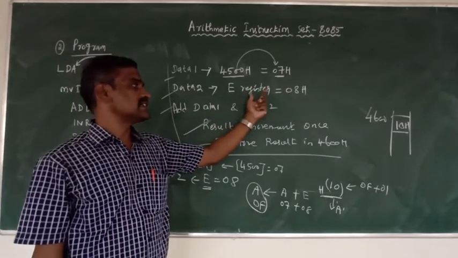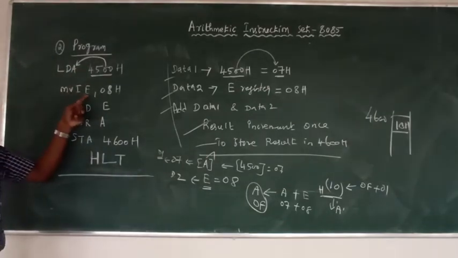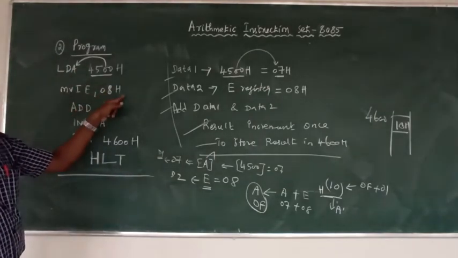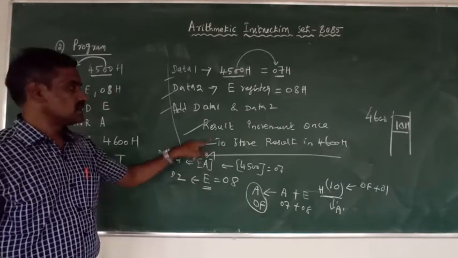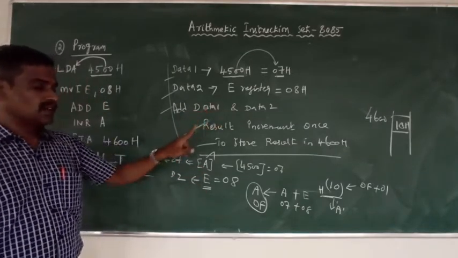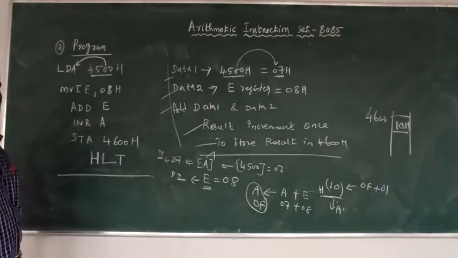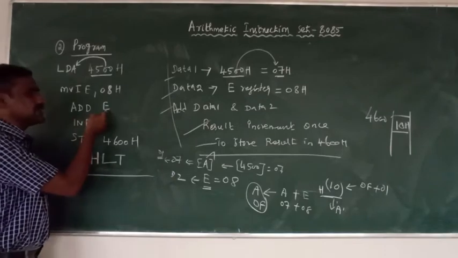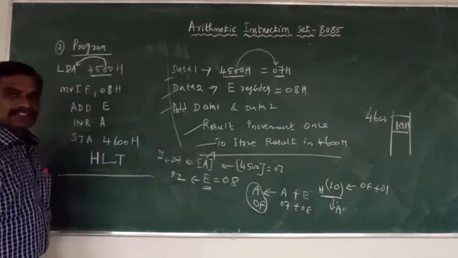We initialize the 08 data in the E register. For that we can use MVI E, 08H. Data 1 in accumulator, data 2 in E register. Now to add these two data, both are 8 bit, so we can use ADD E. ADD E means add accumulator with the E register, and the result is stored in the accumulator itself.